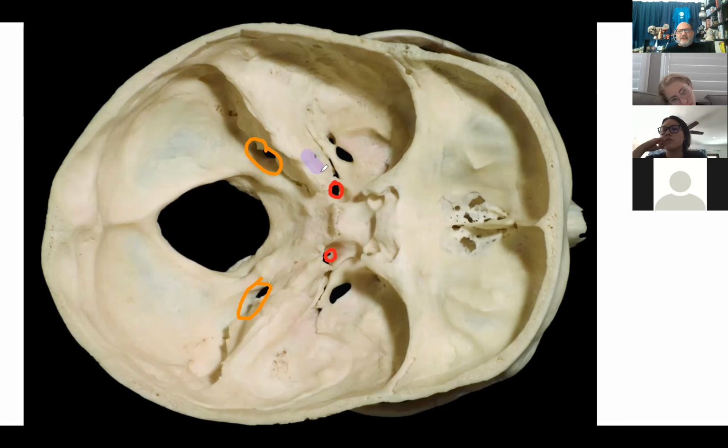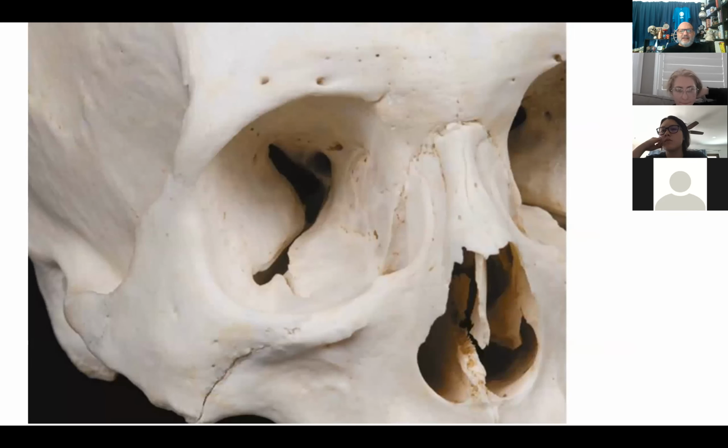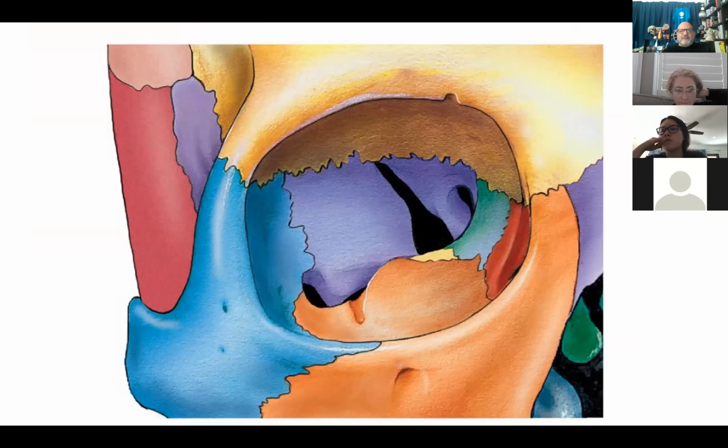That is because it is tunneling through that bone and is actually coming out right here where the foramen lacerum is. Now, the good news for us is that students like to look at skulls. And when they look at skulls, they tend to be a little rough on it.